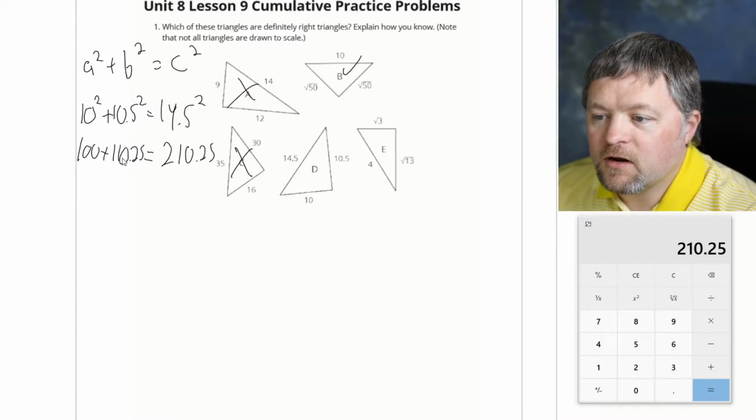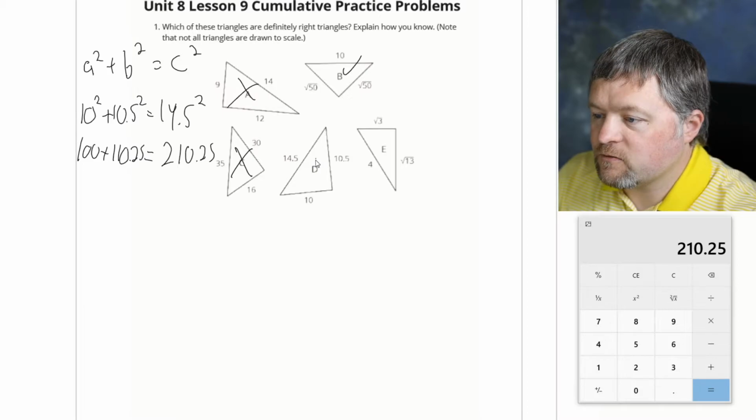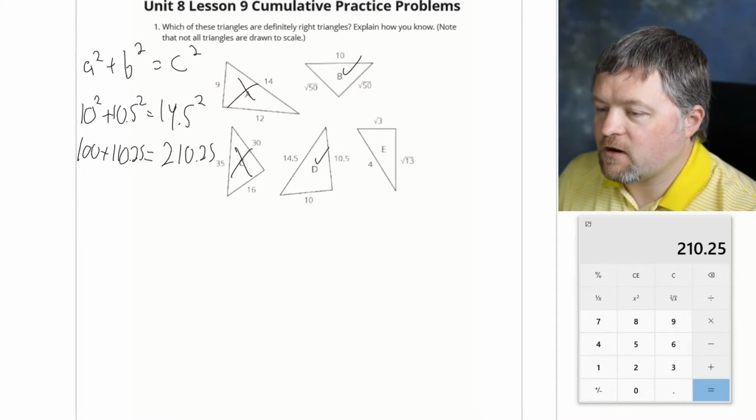Well, 100 plus 110.25 does equal 210.25, so that is a right triangle.